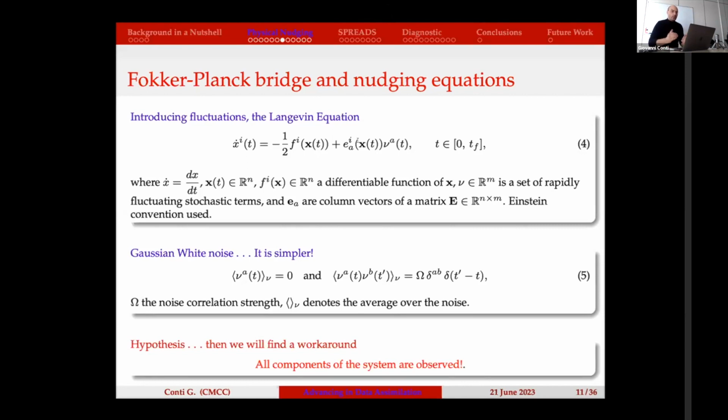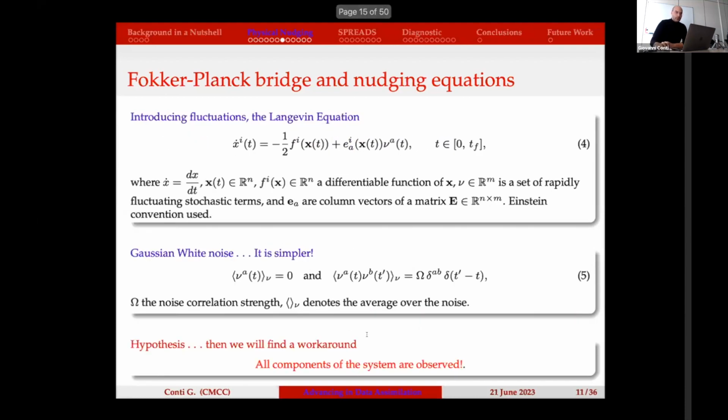Then when we have the system of equations, we try to understand how to approximate this system in order to address the real world, a world in which we do not know the whole system, but we can observe the system only partially.